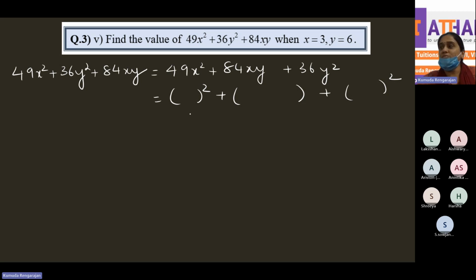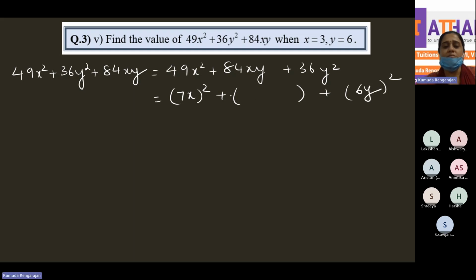So what should come in the first bracket? What squared is 49x squared? What squared is 49? 7. What squared is x squared? x. This is the last bracket, 36y squared: 6y.